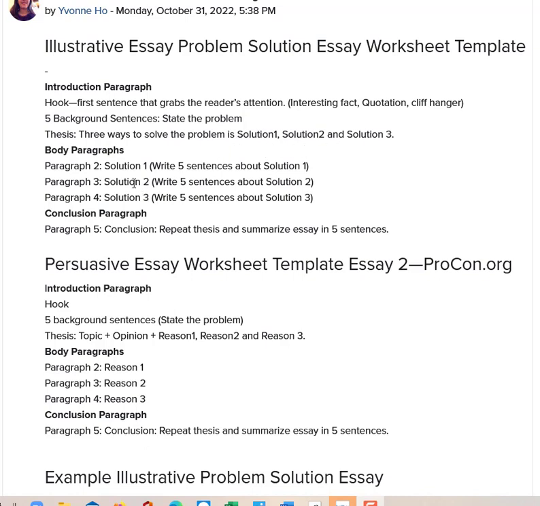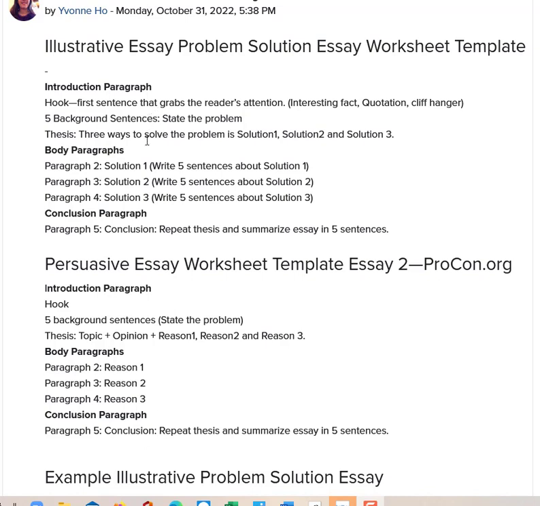And then these 3 solutions become your body paragraphs. In this way, if you have such a strict structure on your essay, you will not ramble, you will not go off topic, you will stay on topic, and you will have essay coherence.